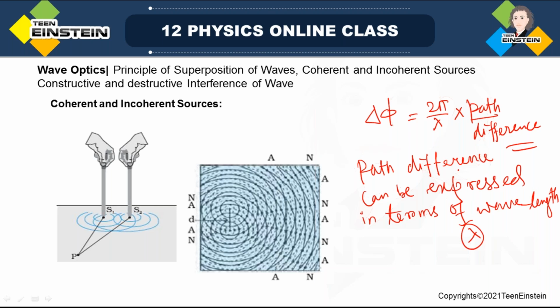If you put path difference in terms of lambda, then you will get phase difference in terms of pi. Suppose I say path difference is lambda, then I multiply here lambda, so you will get 2 pi phase difference. So 2 pi by lambda into lambda, lambda cancels, so you'll get 2 pi as phase difference. This is how we calculate the path difference and phase difference.